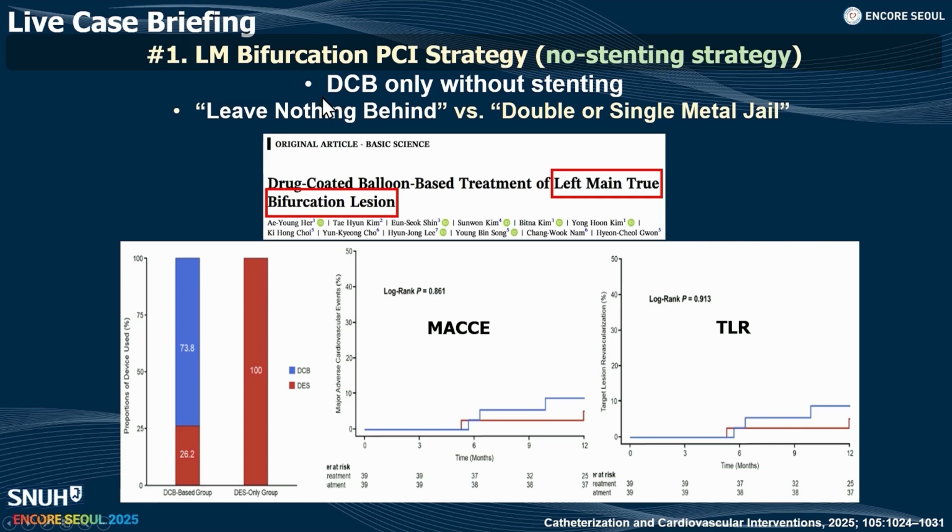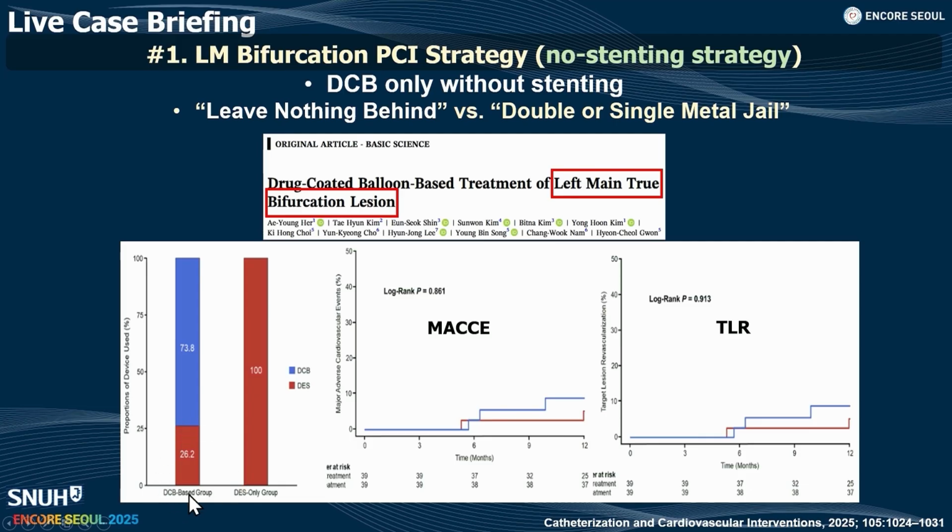There is a small Korean study, as shown here. They randomized left main bifurcation patients to DCB-based treatment and DES treatment. And DES treatment all received DES, while DCB group received DES in about 25%.